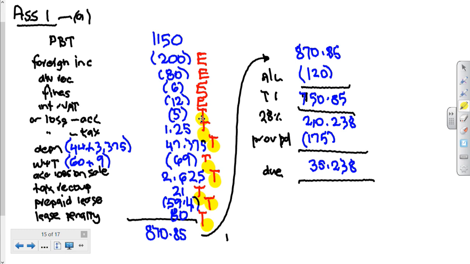And last week, one of the students pointed out that I made a mistake with the fines and the VAT, because they shouldn't be minus on the calc. If we look at our calc, there was foreign income and dividends received, which I deducted, but then there were expenses which were not allowed, and I should have added them back, not deducted them again. Isn't it? So that was a mistake.